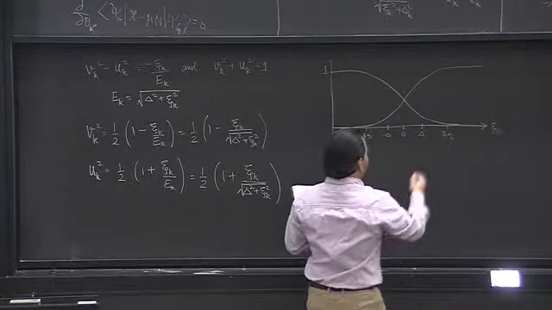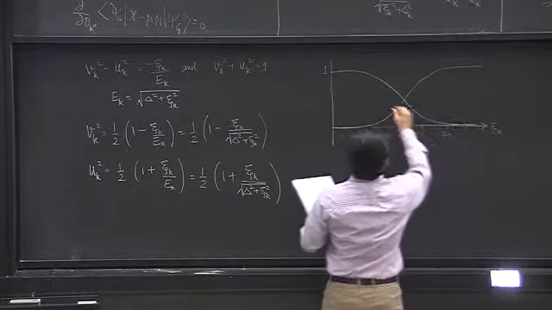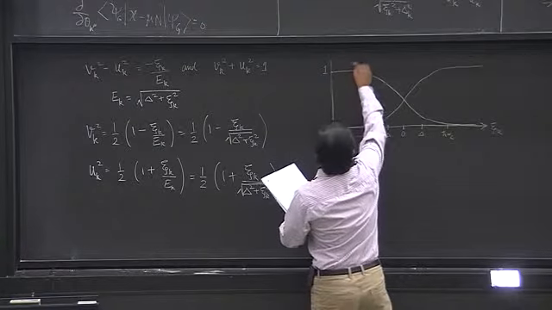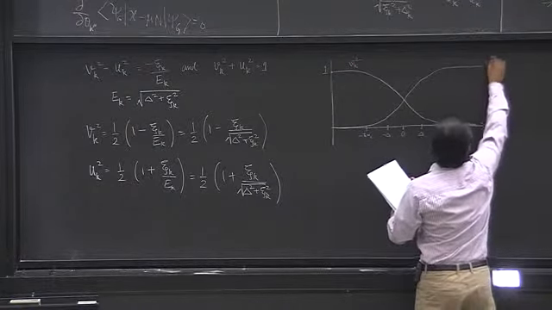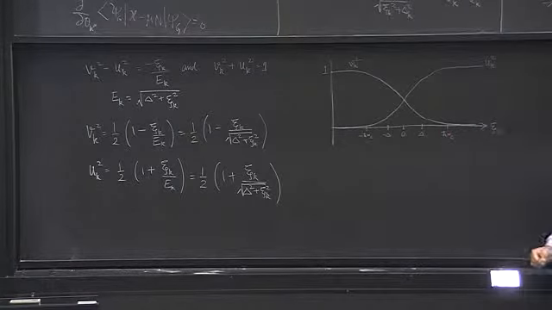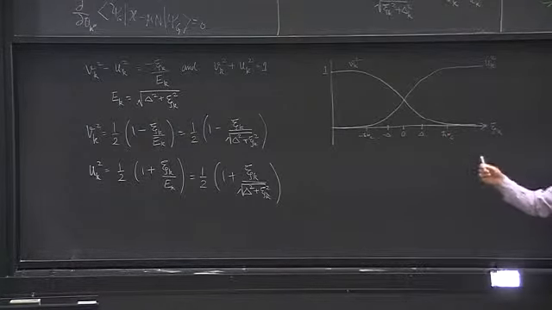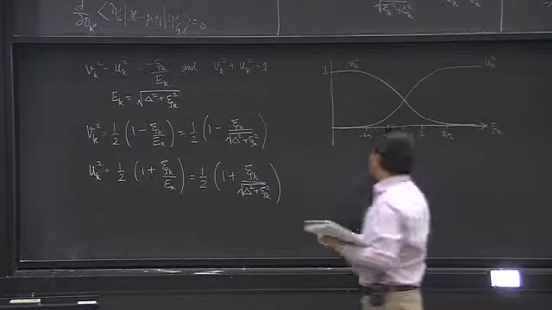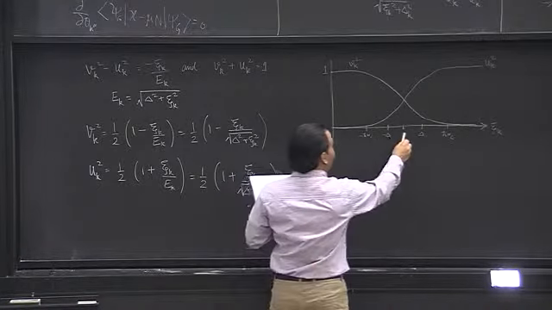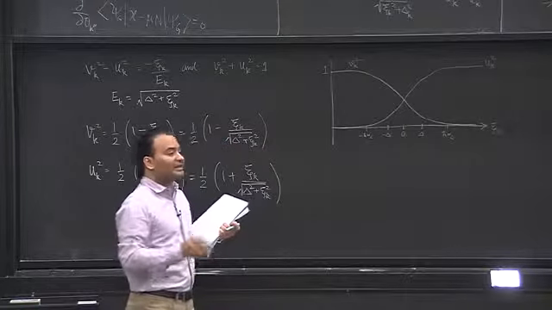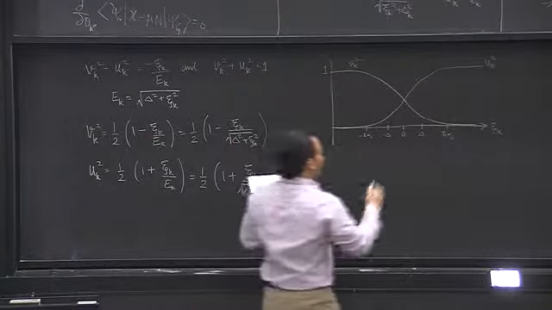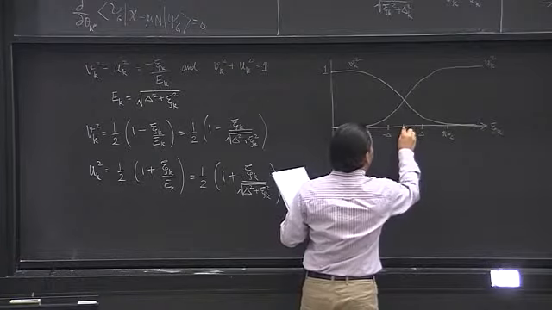What you'll find is that this curve here is Vk square, and this is Uk square. Now you can see that there are some energy scales that are very important for us. This 0, when chi k is 0, means you're really at the Fermi energy.